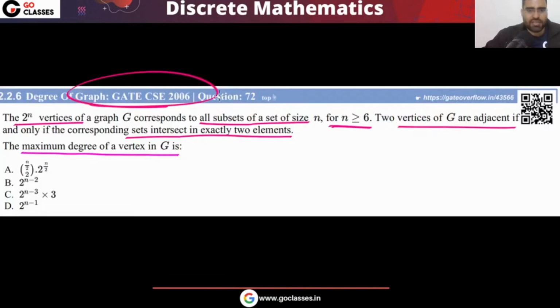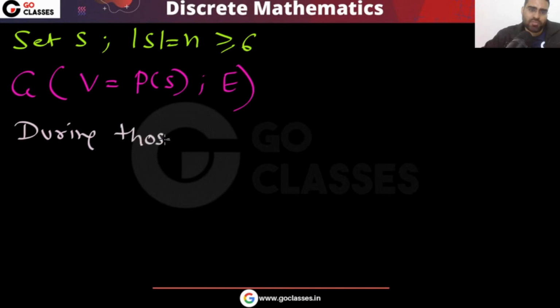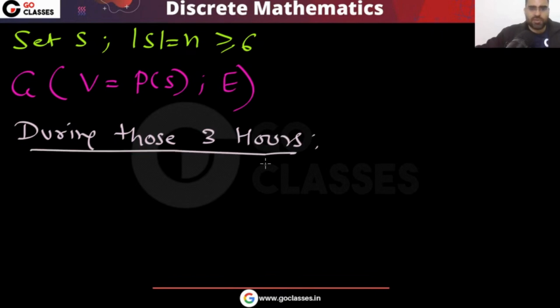The question says there is a set S which has n elements, n is greater than or equal to 6, and we are creating a graph in which vertices are subsets of S.